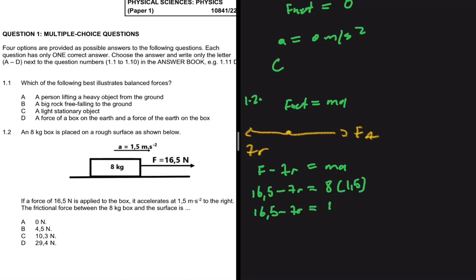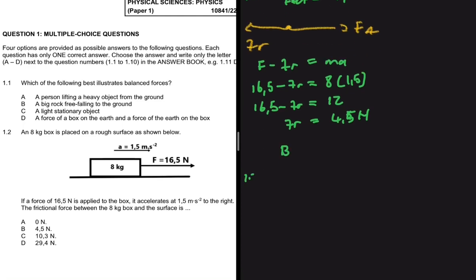That's supposed to give you 12. So you can see now that the frictional force will be equal to 4.5 newtons, because 16.5 minus something gives you 12, so that something must be 4.5 newtons, right? So our answer to 1.2 is actually B.